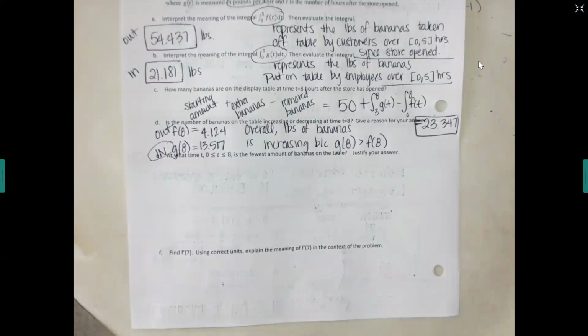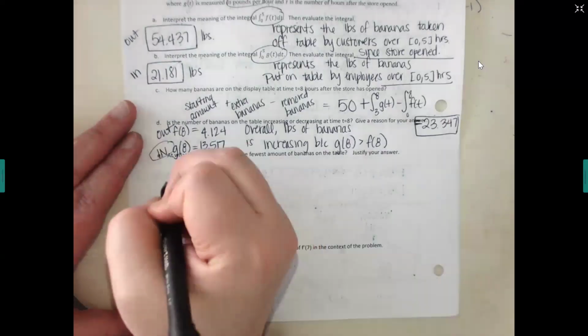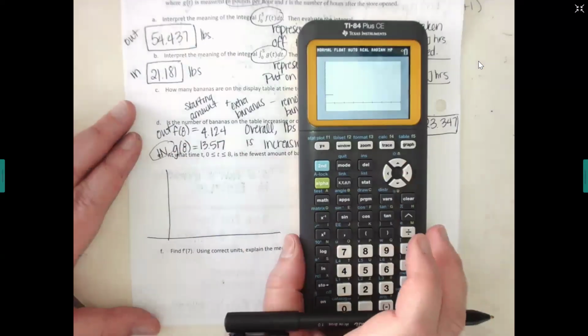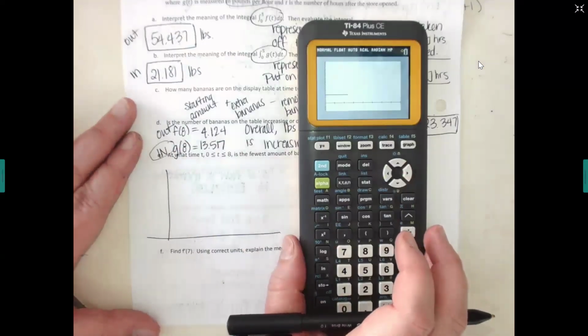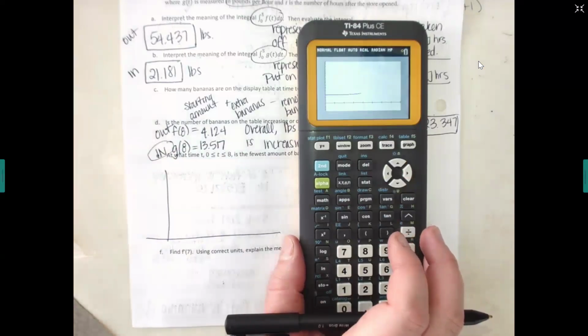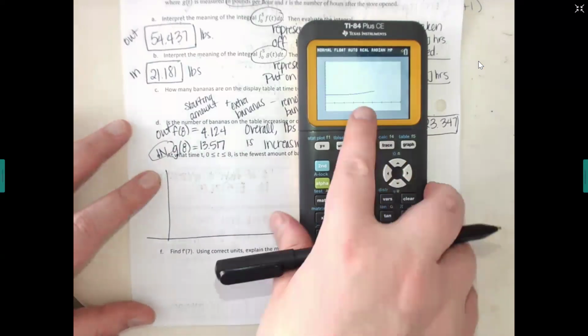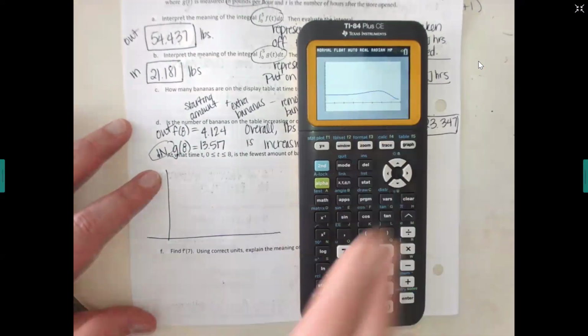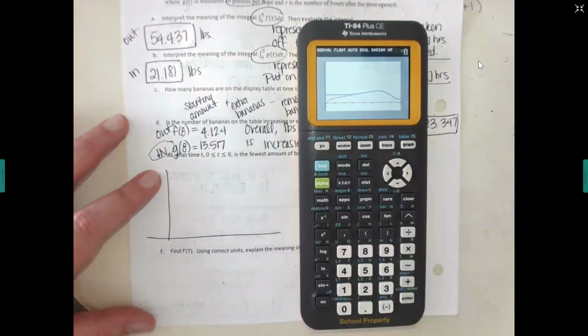Okay, last little part of this says from 0 to 8, when is there the fewest number of bananas on the table? Sketch your graph. Okay, and then since it's still 0 to 8, hopefully we don't have to actually change it. Remember, the first one graphed in this case is your out, and then the second one coming in will be your in.